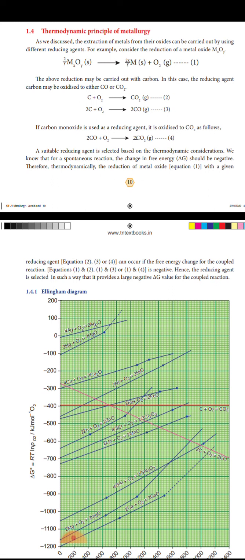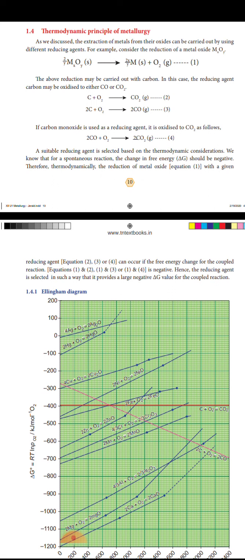A suitable reducing agent is selected based on thermodynamic considerations. We know that for a spontaneous reaction, the change in free energy, that is delta G, should be negative.